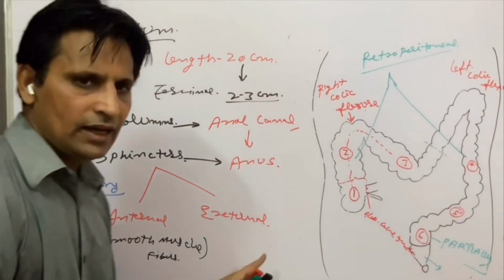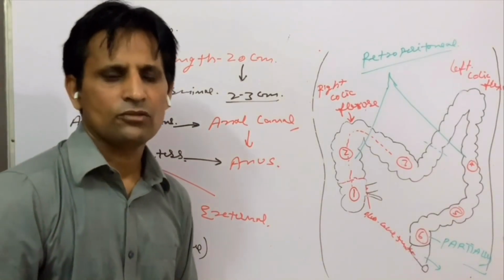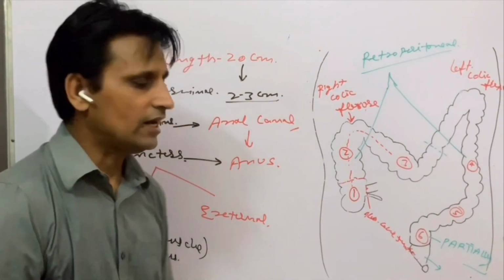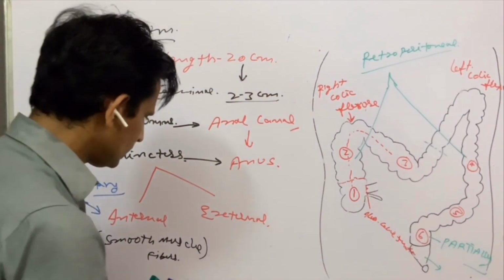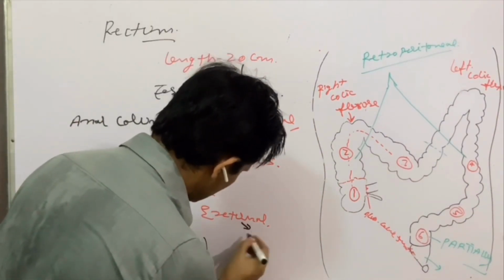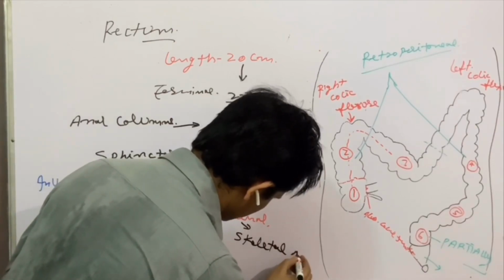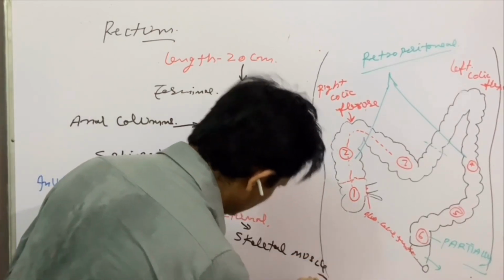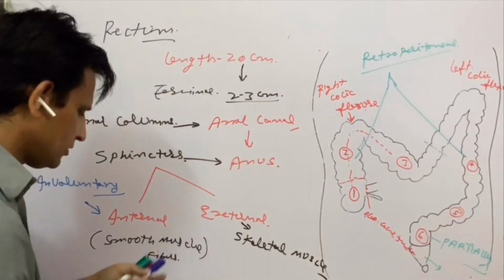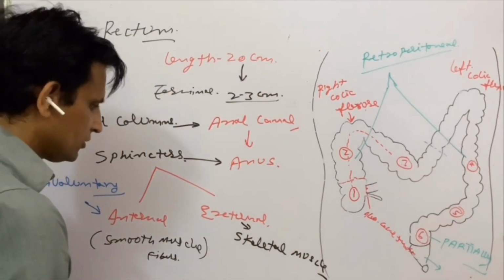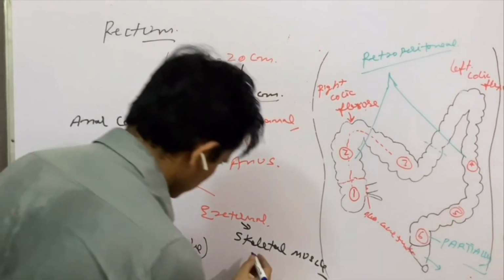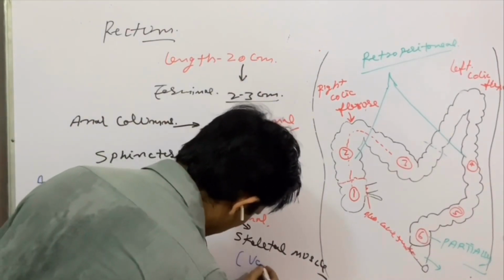And the external sphincter is actually made up of skeletal muscle. That's why the function of this sphincter is voluntary. So this is a voluntary sphincter.